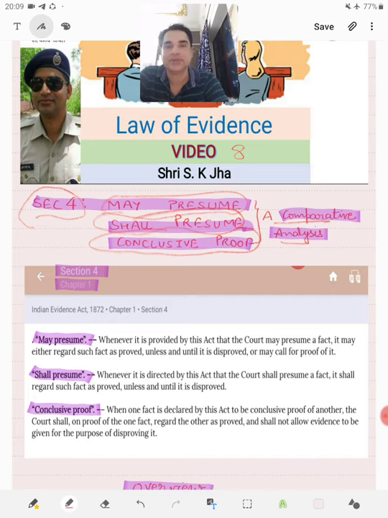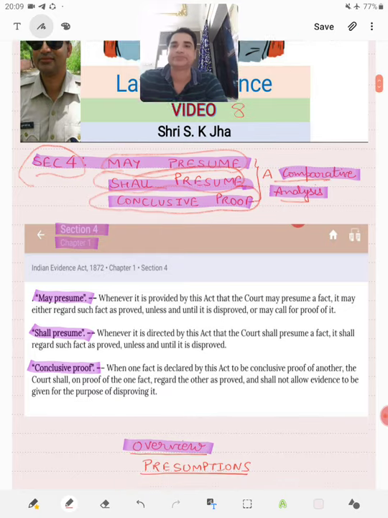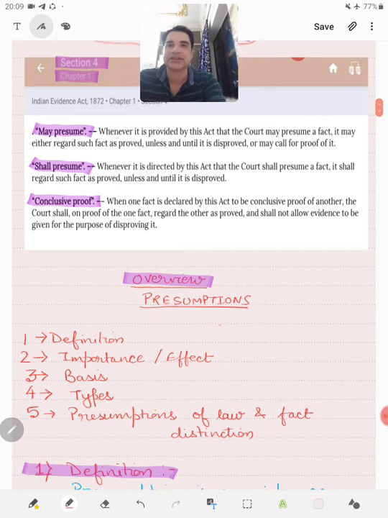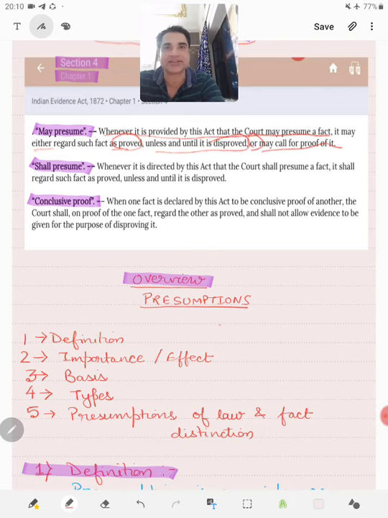First of all, we will go through the bare act and see what is exactly written in it regarding these three terms. So, as far as the word may presume is concerned, it is stated: whenever it is provided by this act that the court may presume a fact, it may either regard that fact as proved unless and until it is disproved, or may call for proof of it.